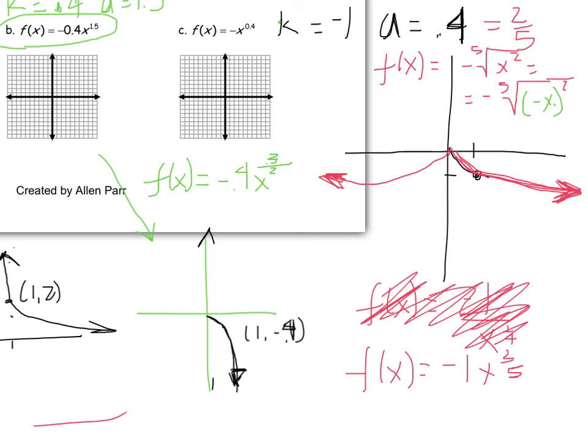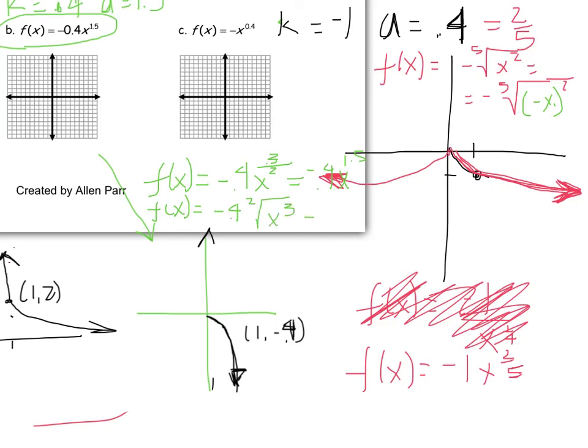This is what letter C is, x to the 1.5. Again, I can rewrite this in this form. This 2 would be outside the radical, and then x cubed.